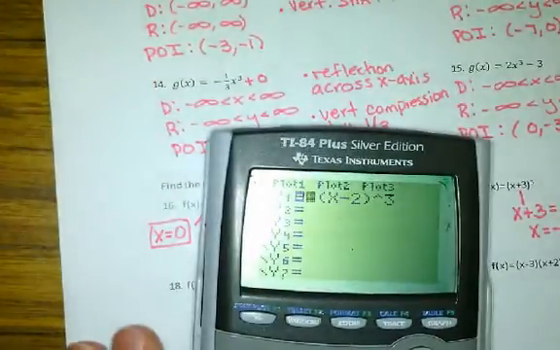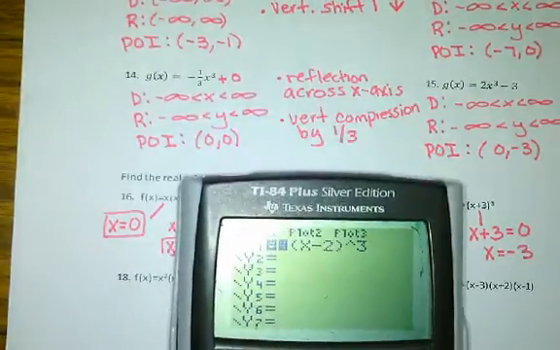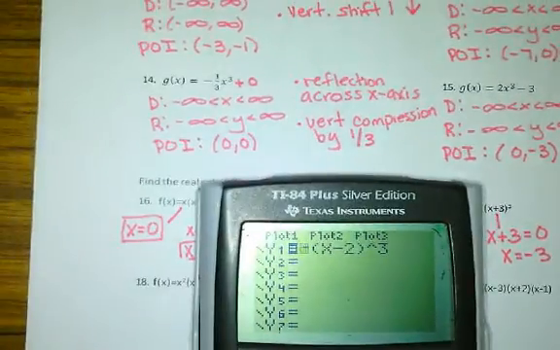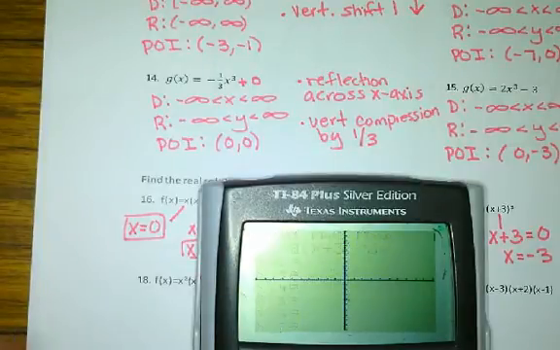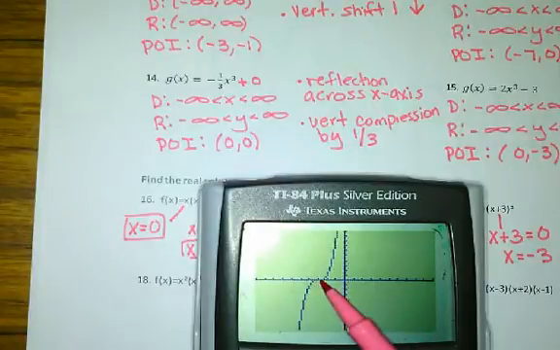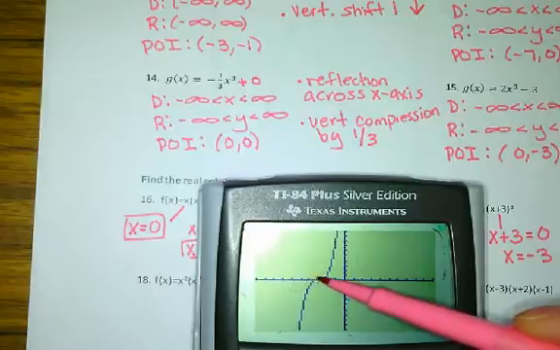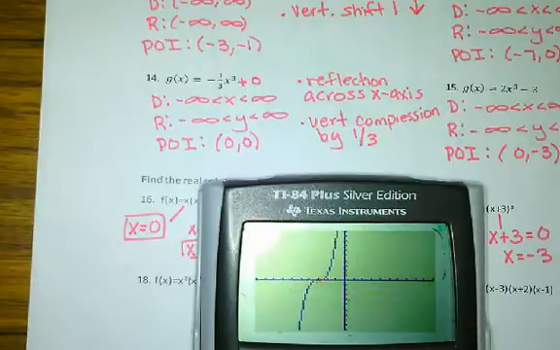If I were to type in x plus 3 cubed and graph it, that's where it crossed at negative 3. And notice it's also your point of inflection right there. Remember, that point of inflection is that turning point.